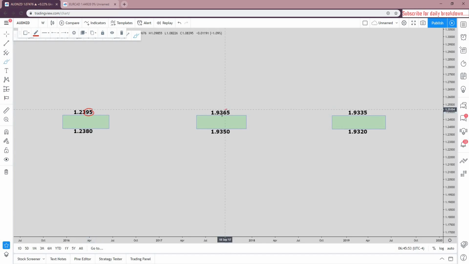Why did I also put a high of the box? Because we know that this is the strong level. So we can just take our entries from these levels, but we need to use this other number as well. We need to put a box of 15 pips above the strong number. Now why do we need to put the box 15 pips above the strong number?